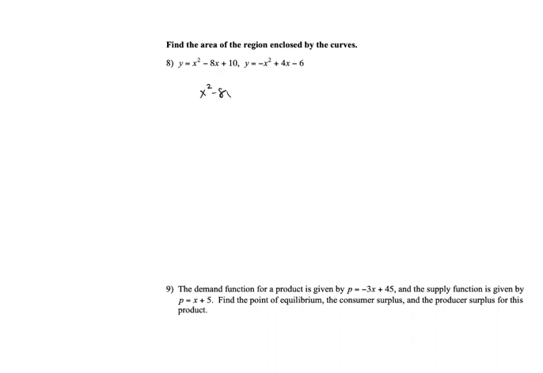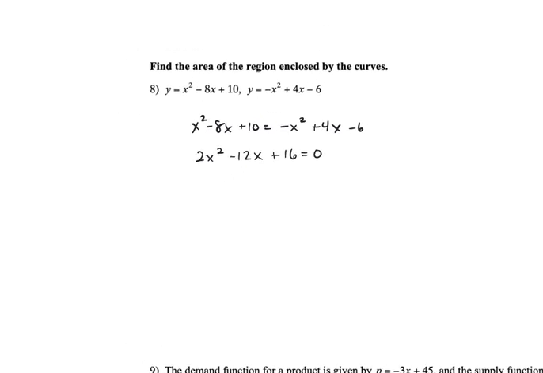If x squared minus 8x plus 10 is equal to negative x squared plus 4x minus 6, get one side equal to 0, divide everything, factor out of 2, so then it factors into x minus 4, x minus 2, so we have 4 and 2 as our limits of integration.